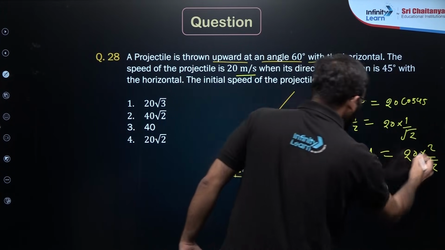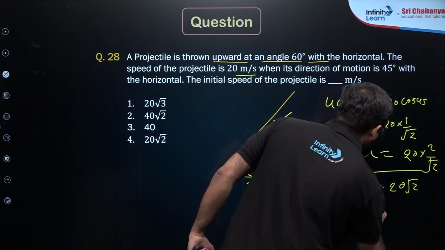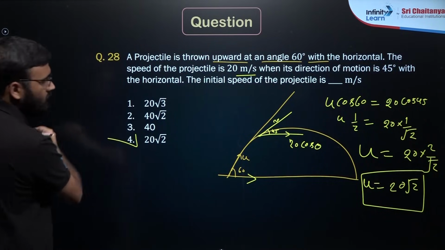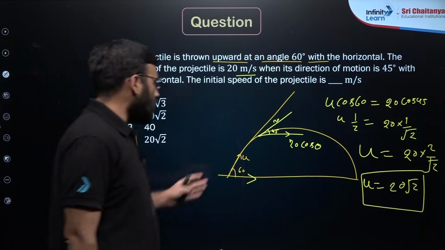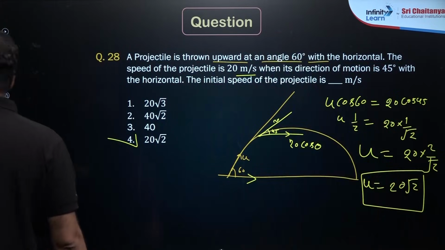So u equals 20√2 is your final answer. Okay beta, so which option? u equals 20√2 is the final answer. Just compare the horizontal component of the projectile here. Okay, we will move to the next one.